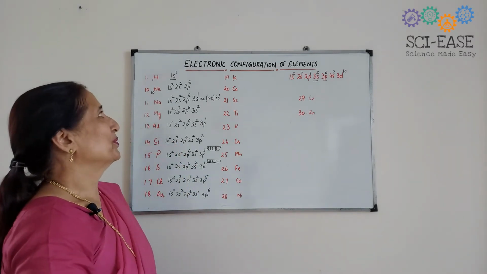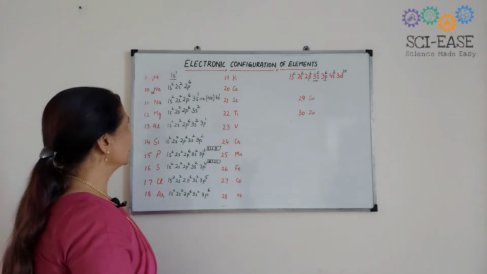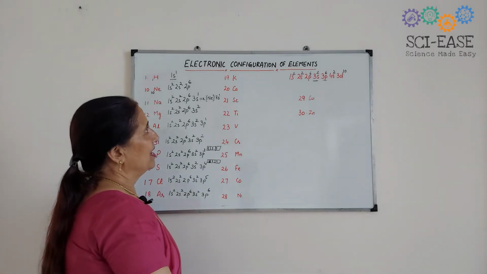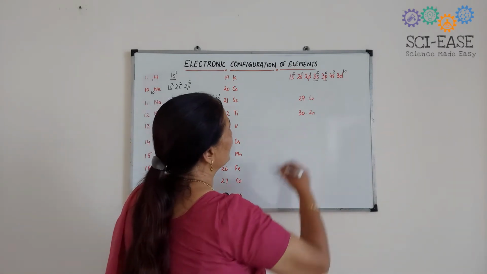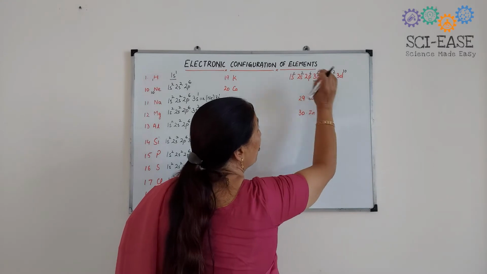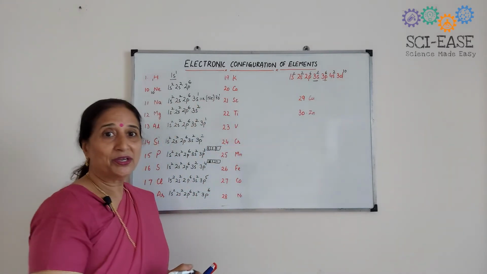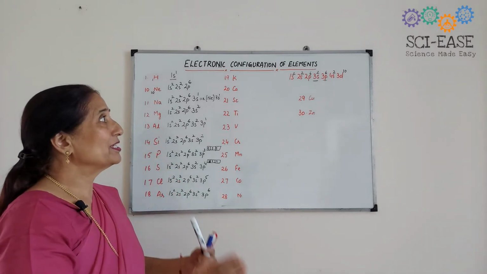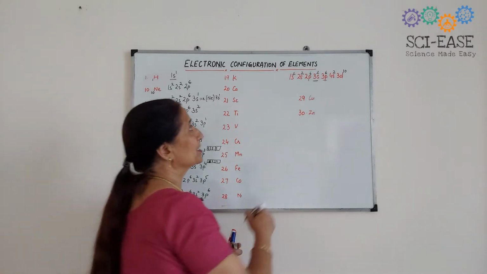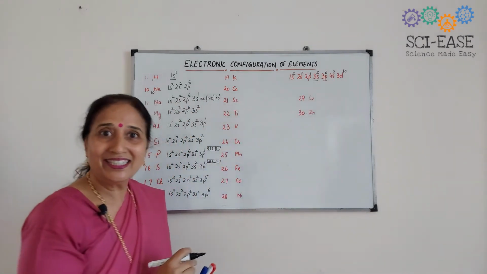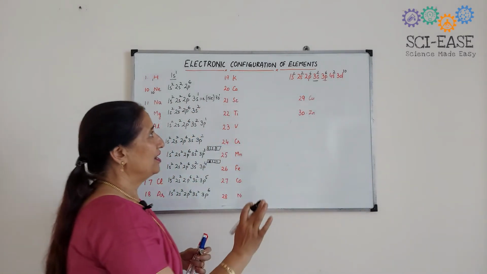Now come to potassium. Next is potassium. What you see? Here the next electron will go in 4s, not in 3d, because according to Aufbau principle, 4s has lower energy than 3d. This we know.